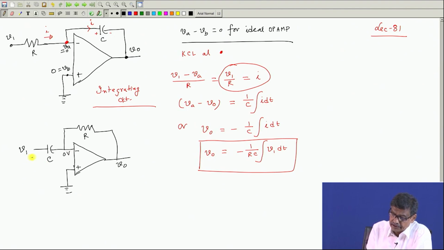I will straight away write down this equation. So, this current I has to be the same as this current, because no current is drawn by the ideal op amp. So, what is the value of this current? It will be the potential of this point with respect to this, that is V1 by C. I is equal to C dV/dt, is not it?